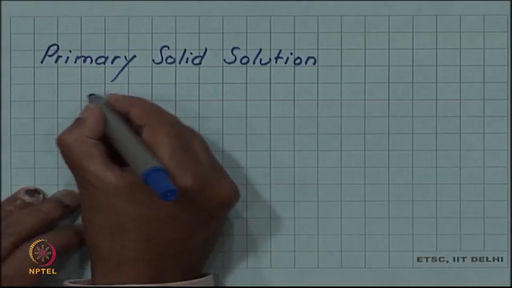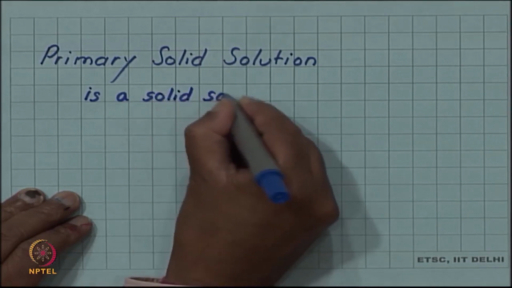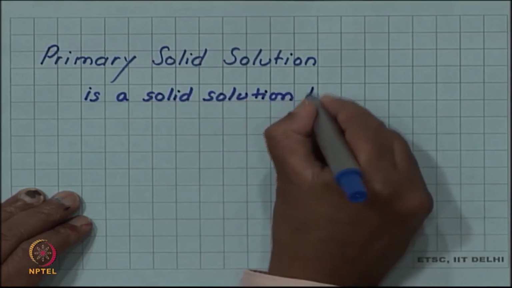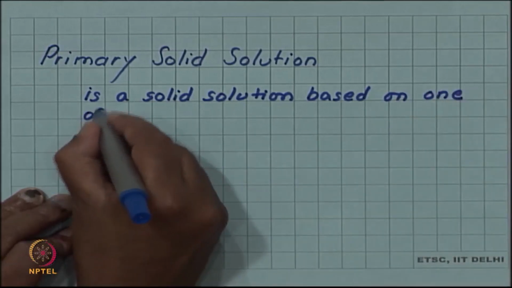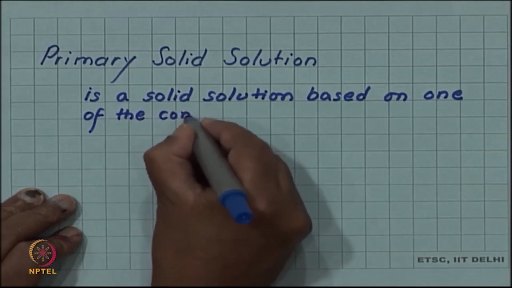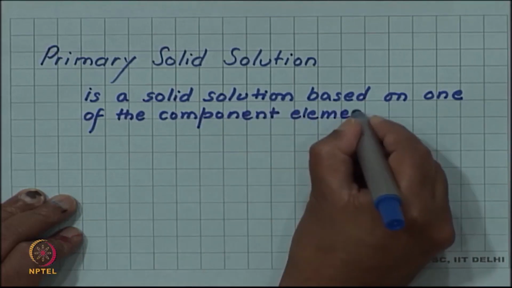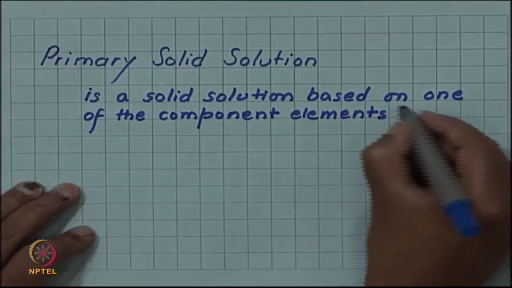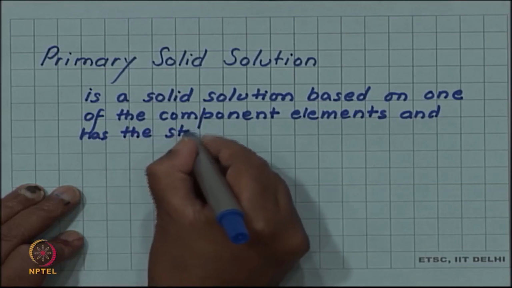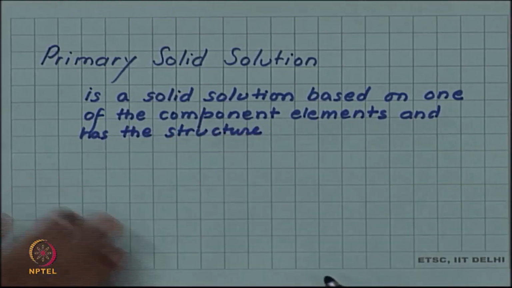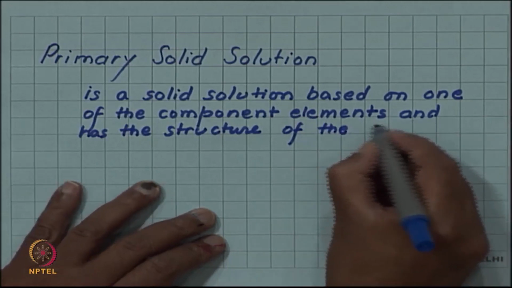A primary solid solution is a solid solution based on one of the component elements, and it has the structure, by structure I mean the crystal structure, of the base element.